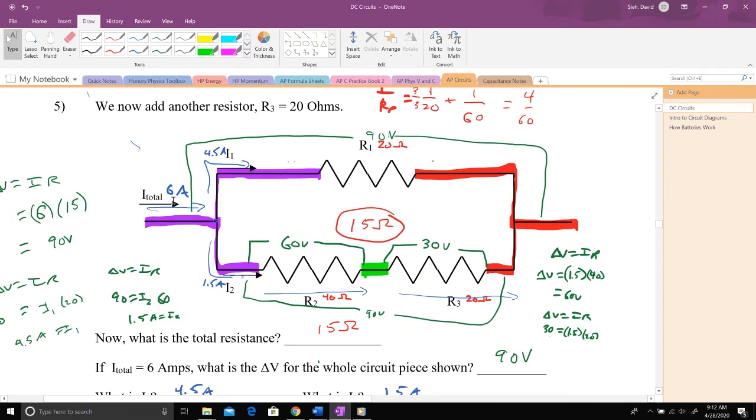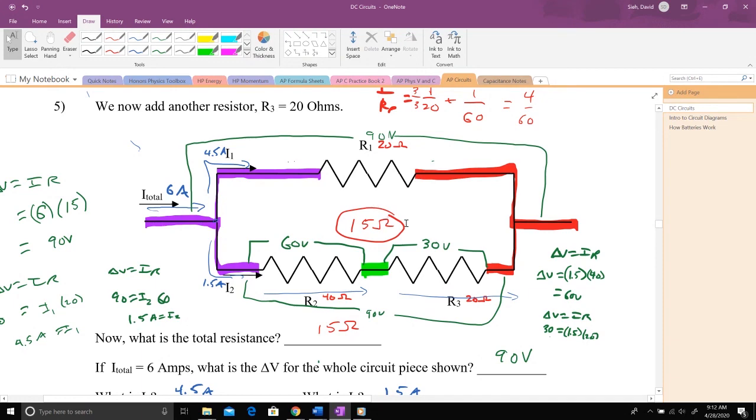Then take the total current times the total resistance to find the delta V for that whole chunk. Once you find delta V for that whole region, I can apply that delta V to each branch. Now I can take the delta V for the branch divided by the resistance of the branch to get the current through the branch. That's the trick: first treat the whole region as one big equivalent resistor with the full current through it to find the delta V for the whole region.